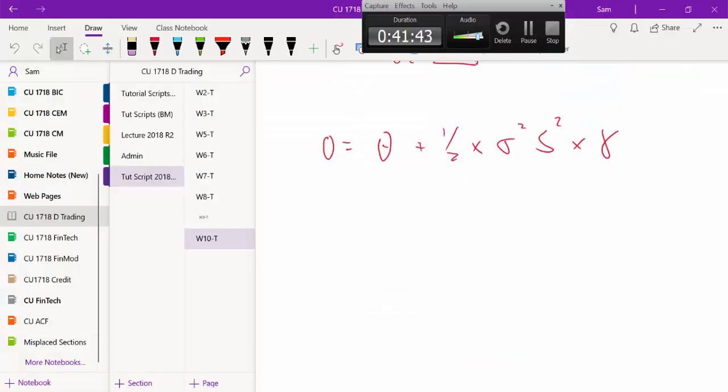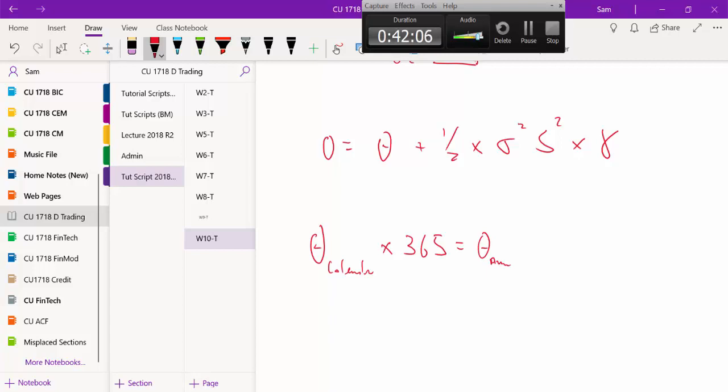What is a calendar theta? The relationship between a calendar theta is, so let's say this is a calendar theta. You multiply that by 365, you get the annual theta.